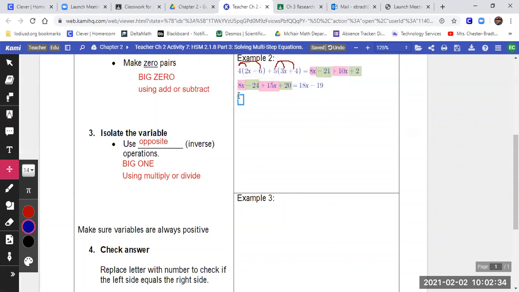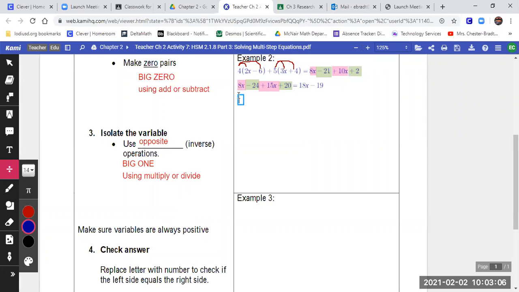So I have a positive 8x and a positive 15x. What is that?